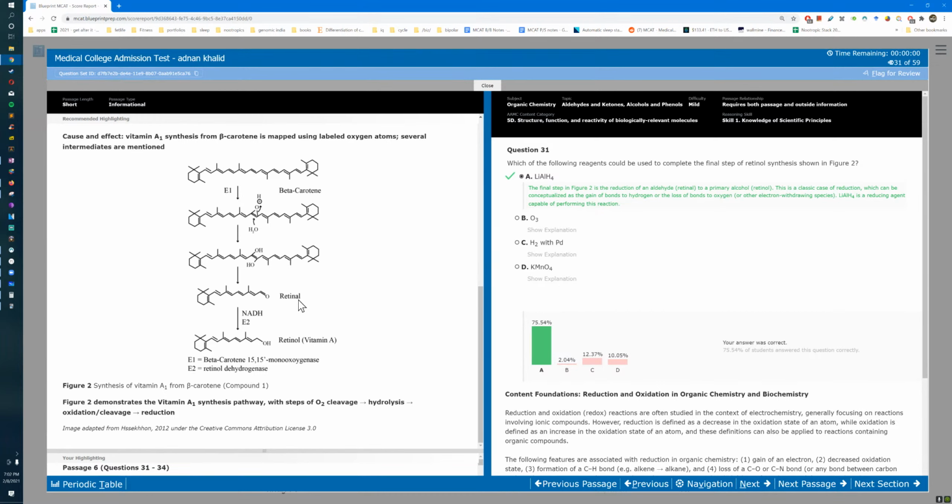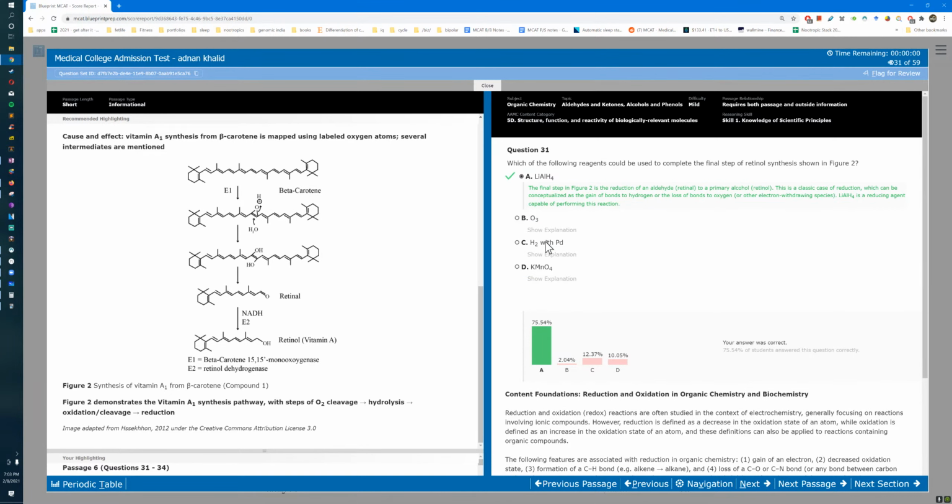And dehydrogenase you can memorize as being something that causes reduction, but what I looked at was just how it went from aldehyde to alcohol, and you know that's in the direction of reduction. So I'm going to pick something that reduces things. That means not oxidizing, because ozone here and KMnO4 will cause oxidation.